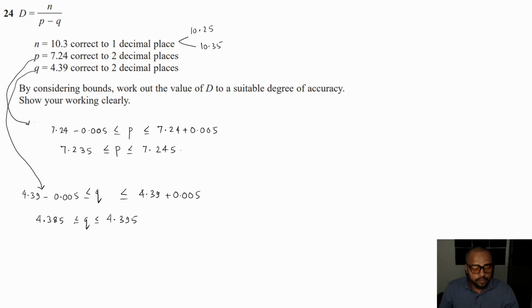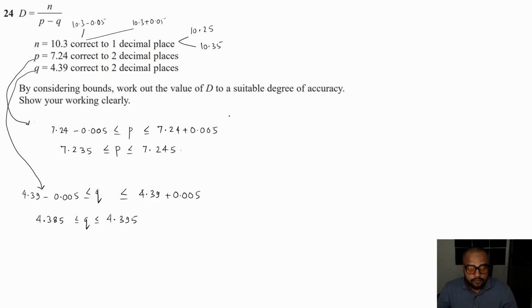This is the range of p and q we have calculated. And n is very easy, correct to 1 decimal place, it will lie in the range of 10.3 minus 0.05, and the largest possible value will be 10.3 plus 0.05. This is how I got it.